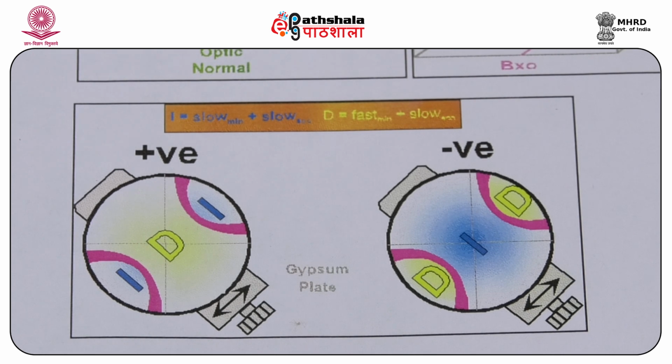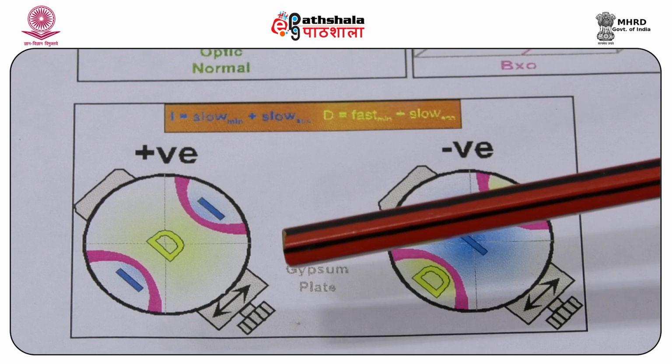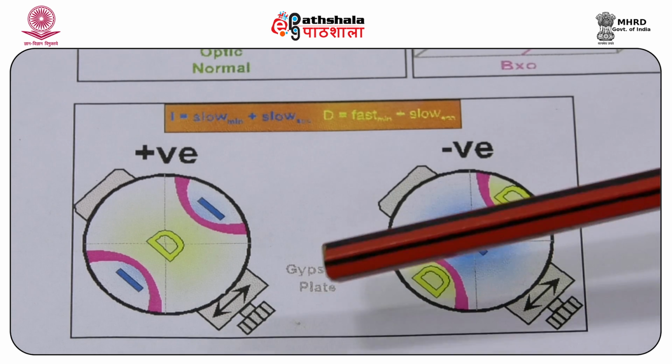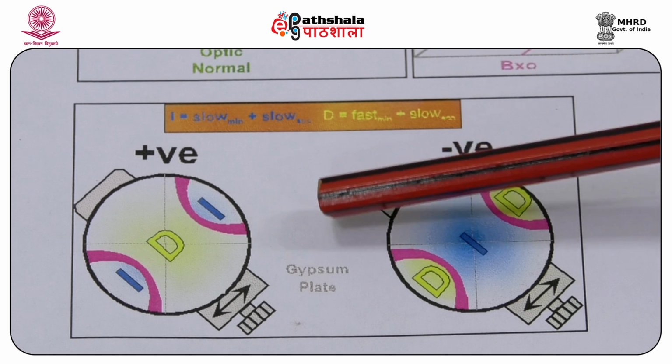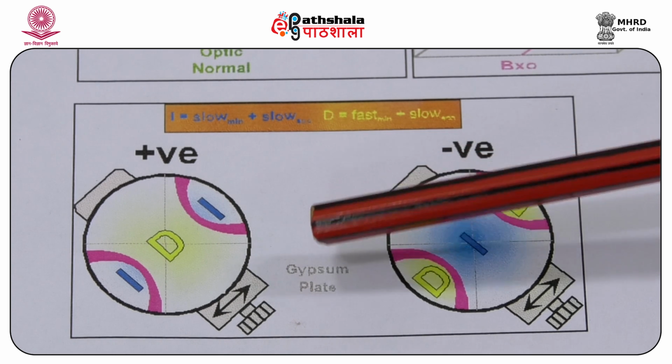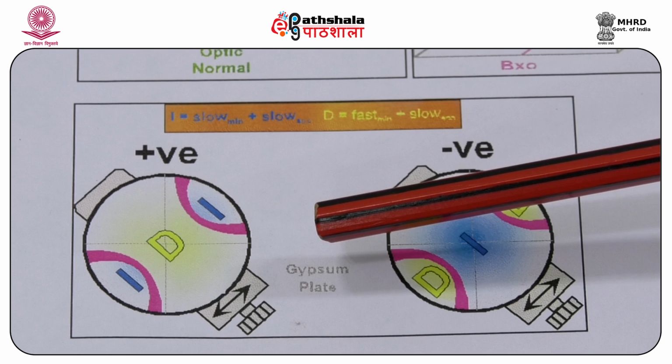On insertion of the gypsum plate, a decrease in color from white to yellow, as can be seen here, indicates that the vibration direction in the interference figure, which is parallel to the optic plane, is the fast ray.